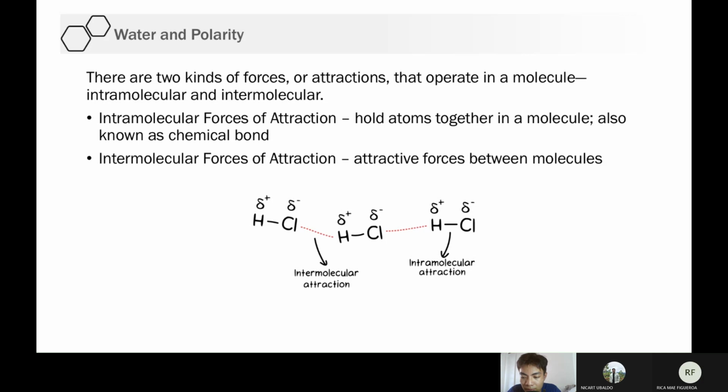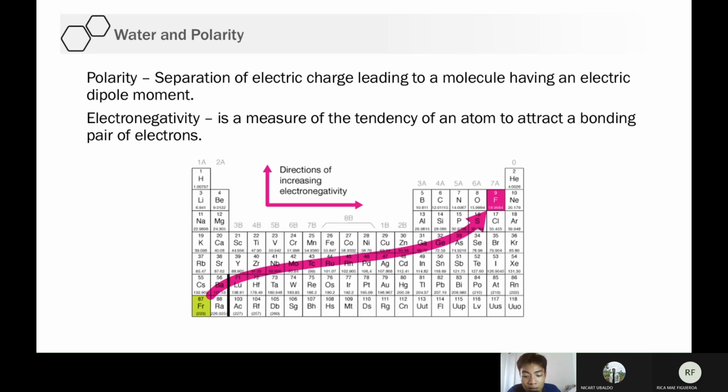Okay, so ano ba yung reason bakit may iba't ibang intramolecular or intermolecular forces of attraction? The main reason for having different types of forces of attraction is that iba-iba kasi yung polarity and electronegativity of the atoms in our molecule. When we say polarity, we are pertaining to the electrical distribution or the charge distribution in your molecule.